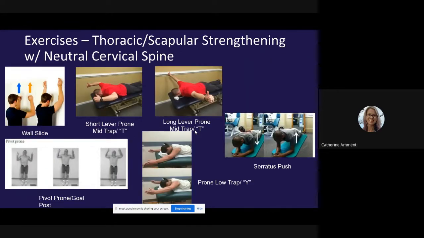These exercises are geared towards the scapular strengthening. So remember what I was saying, if those posterior scapular muscles are weak, then it's easier for the scapulas to slide, abduct, and slide forward. So oftentimes we are trying to train our patients to get better strength for those scapular stabilizers. You're going to see these again when we talk about the shoulder.